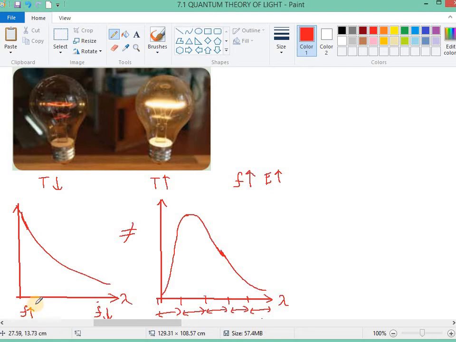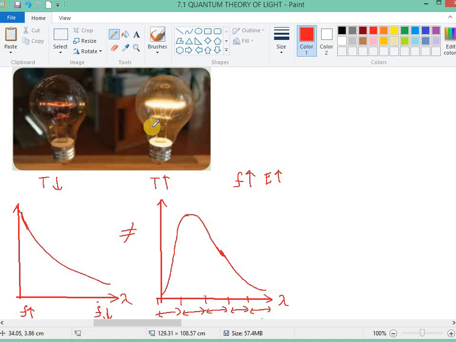When the frequency is very high, when the temperature is very high, the amount of energy that is emitted is infinitely high. This is not logical, impossible. So if you supply 100 joule, then the bulb should also be able to emit maximum 100 joule only.